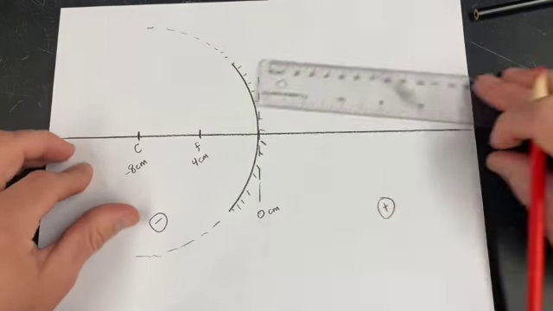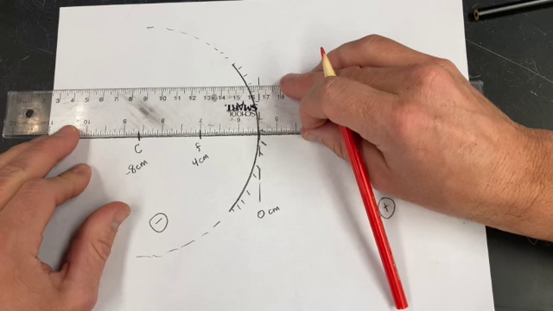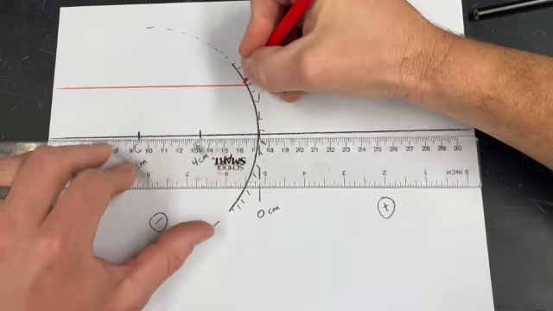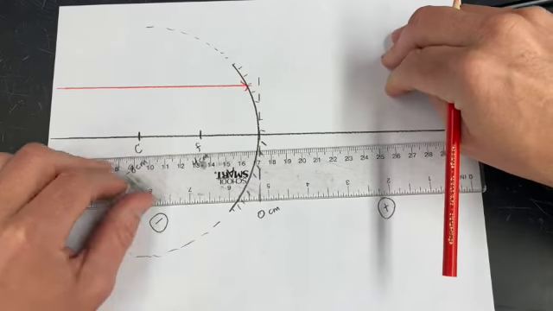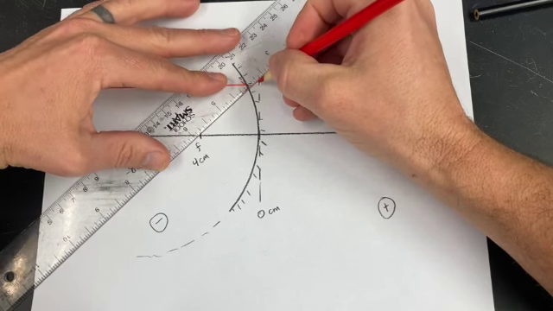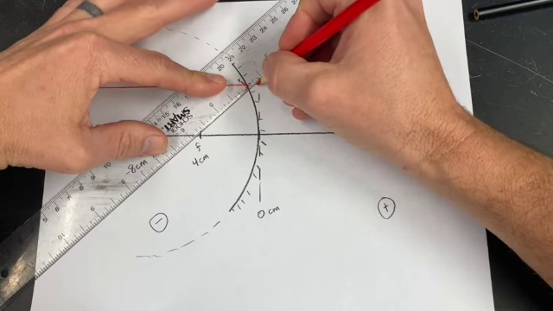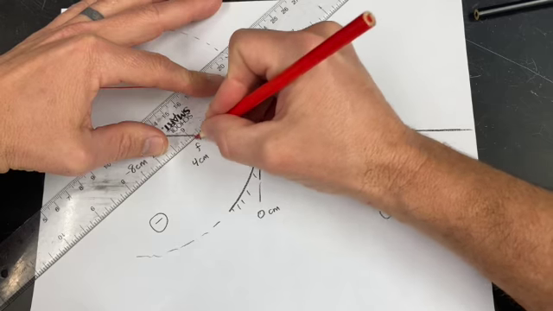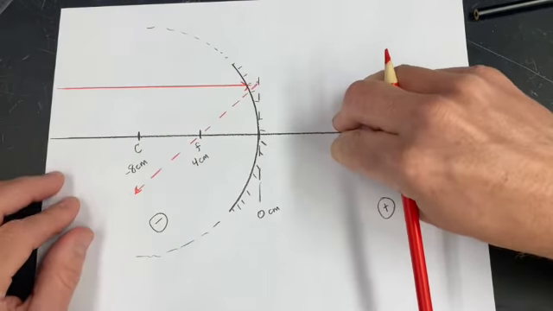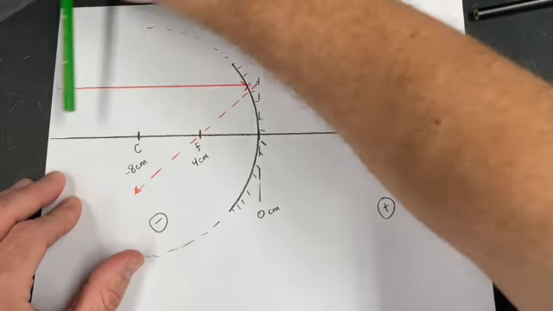If we take a light ray that is parallel to the principal axis, and it strikes the mirror, what we end up having is a reflection of the light through the focus. I'm going to use a dotted line to show that is the reflected light. And I can do that for other parallel lines.